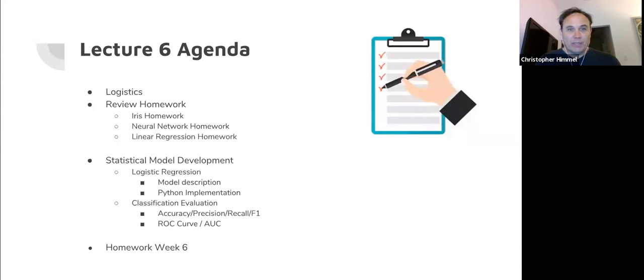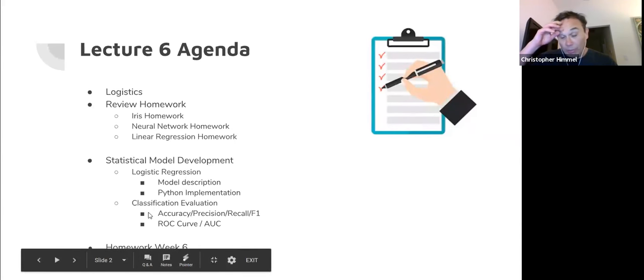With logistic regression, we're going to go through the development of the model from scratch and then do the Python implementation, both from scratch and then with the models that come put together already.